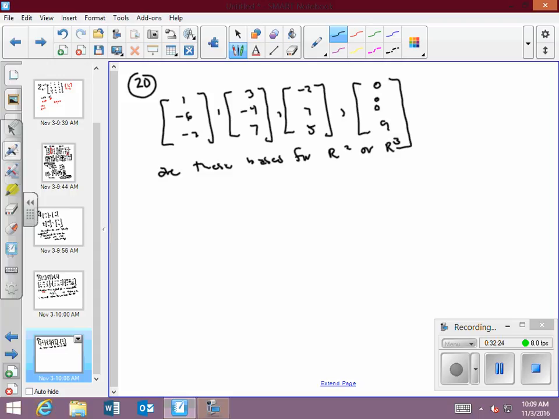Well, they can't be column bases because they have 3 entries, right? Each vector has 3 entries. Well, it could be that, but it couldn't be a null basis because there are 4 vectors, and it would have to at least be R4 space.